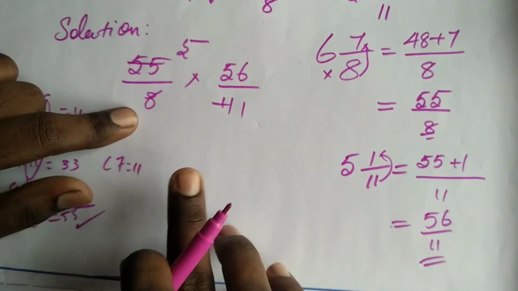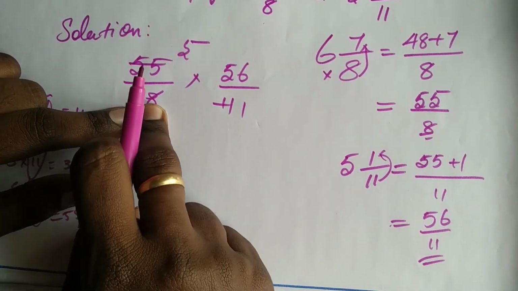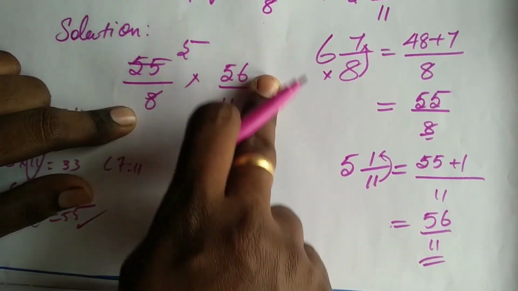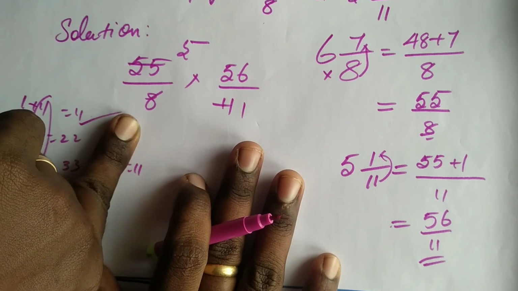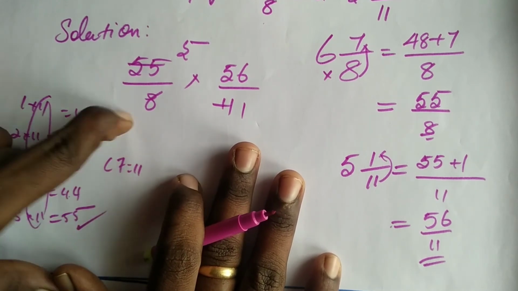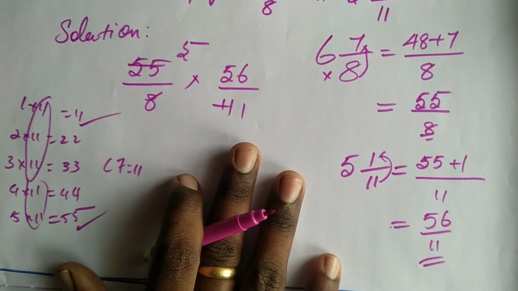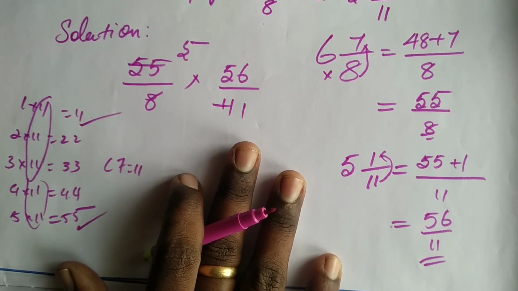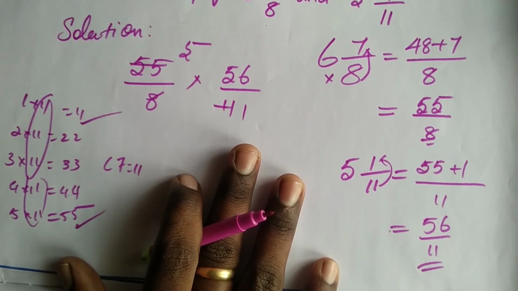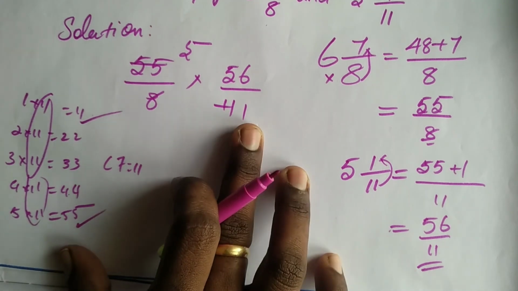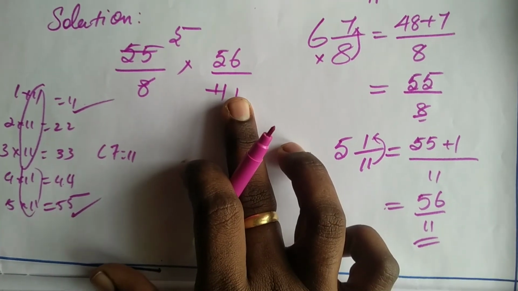Next, 8 and 56. Now you want to check whether 56 is there in the 8 table or not. Guys, are you ready to tell the table? Please tell the answer: in the 8 table, how many times gives you 56? Yes guys?